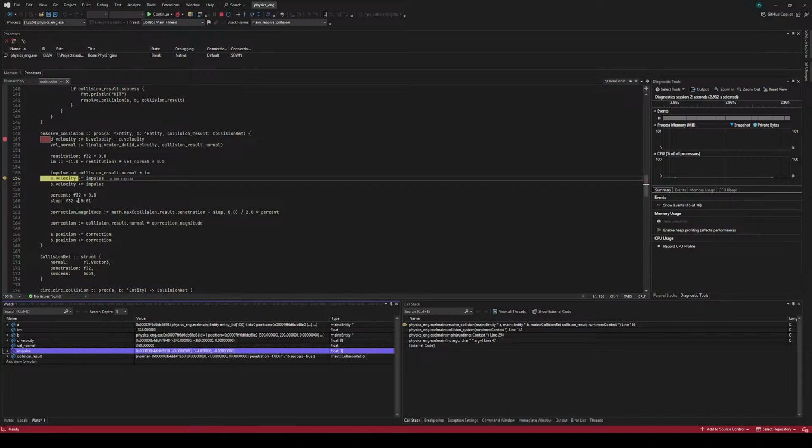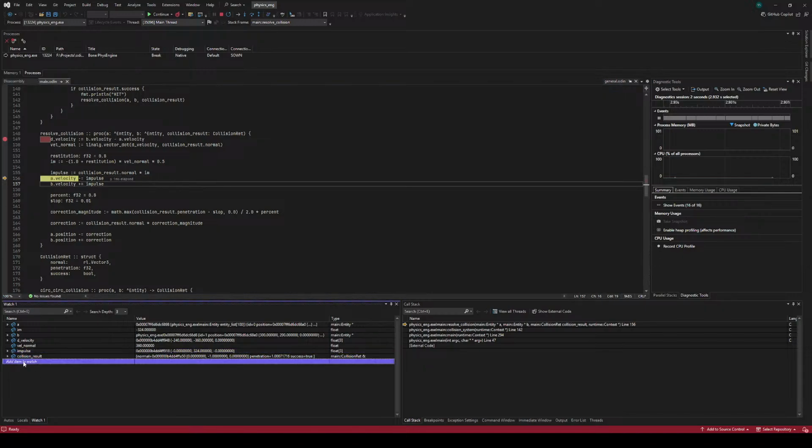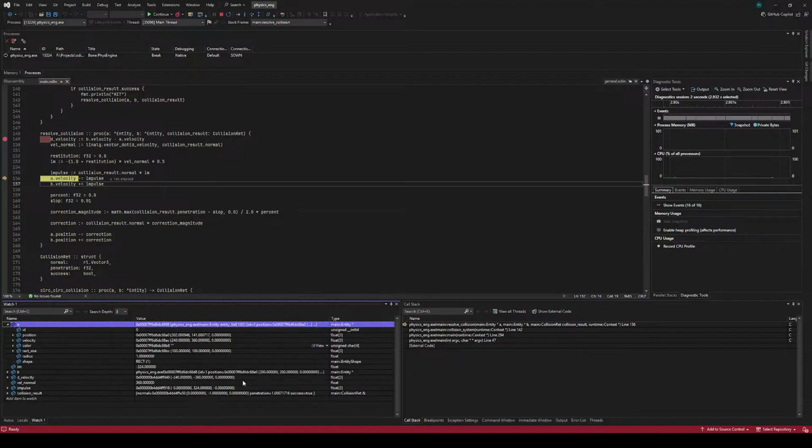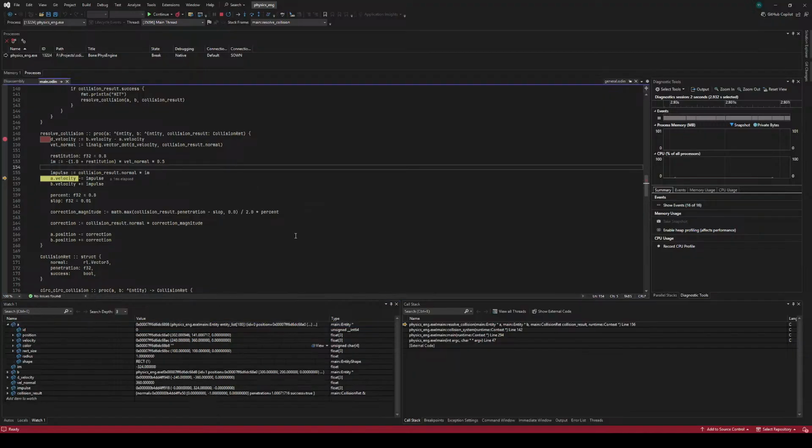Collision results, yes, A velocity and B velocity. So minus, right? So the right side is still there, but the velocity is reduced.